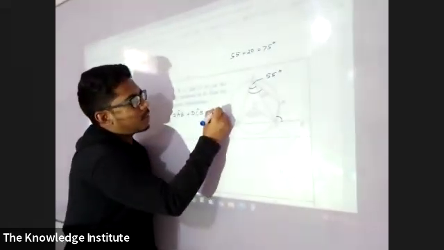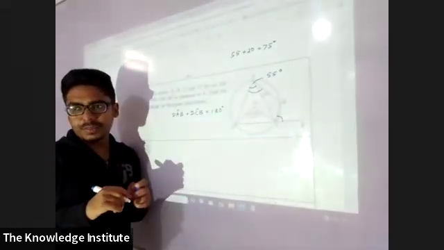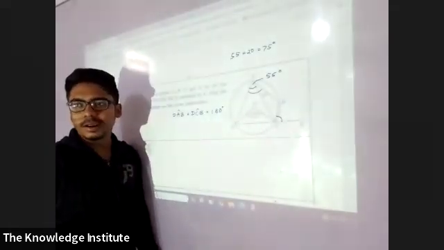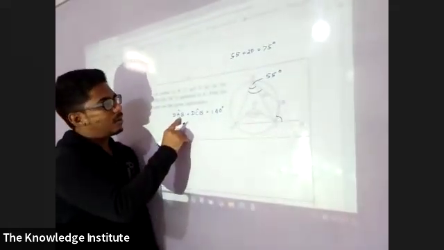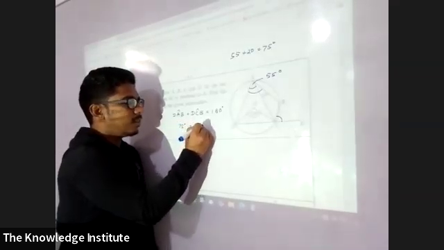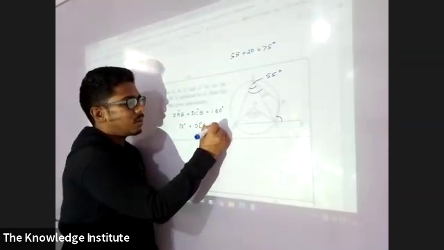Very good, because in a cyclic quadrilateral, opposite angles are supplementary. Likewise, this angle plus this angle is also 180. So now here DAB angle is 75, plus DCB equals 180.